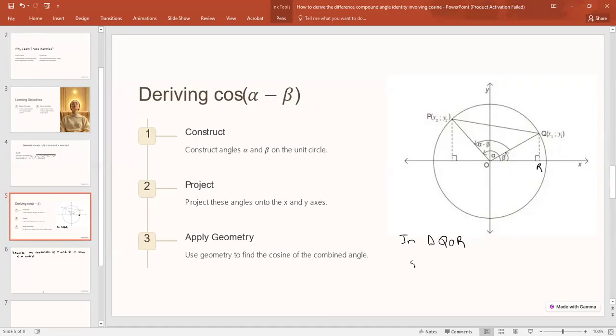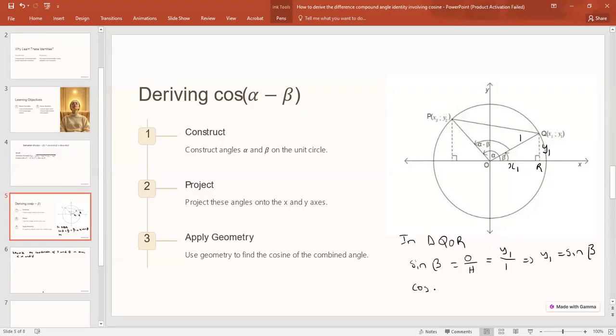So we can apply the sine ratio here to obtain sine of our angle beta equals opposite over hypotenuse, and our opposite here, this length, because we have Q as x1, y1, so this length here is y1, and the length from O to R is x1. So our opposite is y1, and our hypotenuse, because we are dealing with the unit circle, is 1. Therefore, y1 is equal to sine of beta.